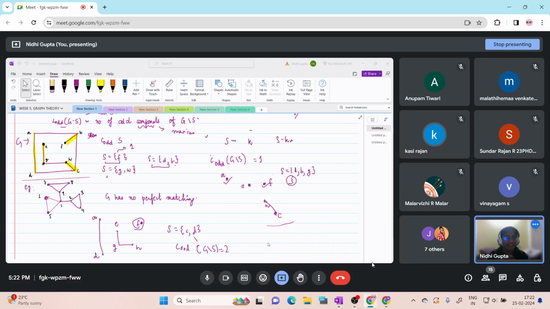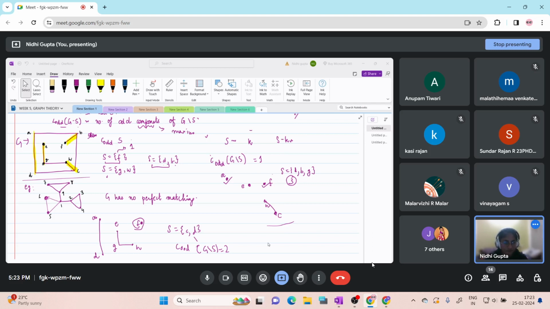So no matter whatever set of vertices you pick, since this graph has a perfect matching, if you pick k vertices, then its removal will give you less than or equal to k odd components. Does everyone understand why this graph has a perfect matching and the statement of the theorem?